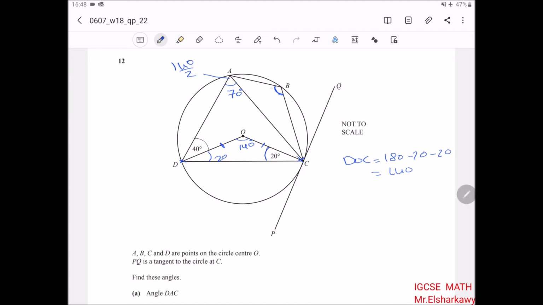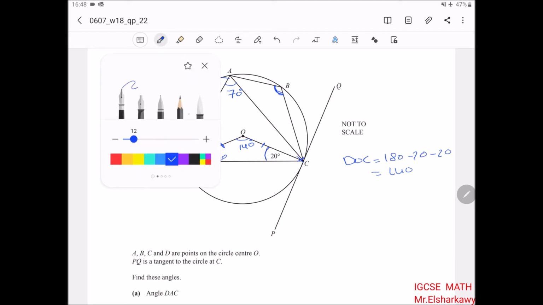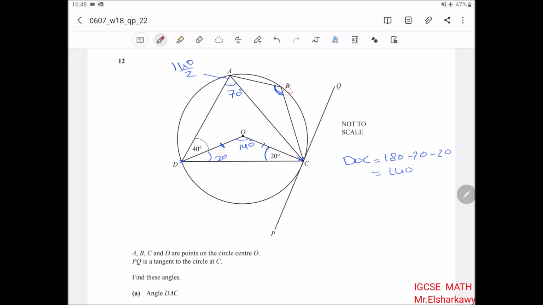So the angle ABC, the one that we want, plus the angle on the opposite side, ADC, add up to 180.